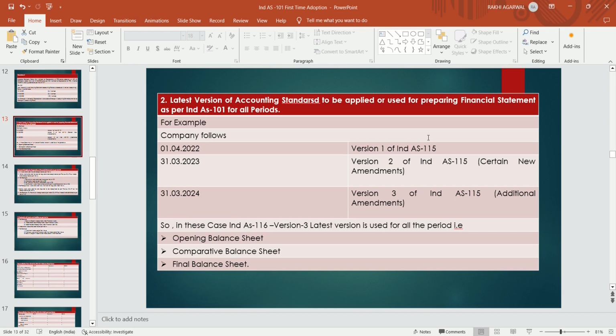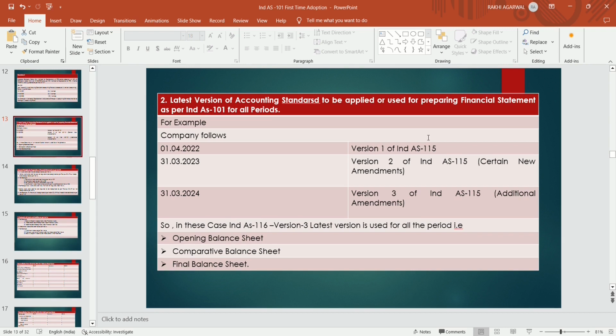There is version 1 of Ind AS 115, on 1st April 2022, with certain amendments. On 31st March 2023, version 2 came, with certain new amendments in Ind AS 115.